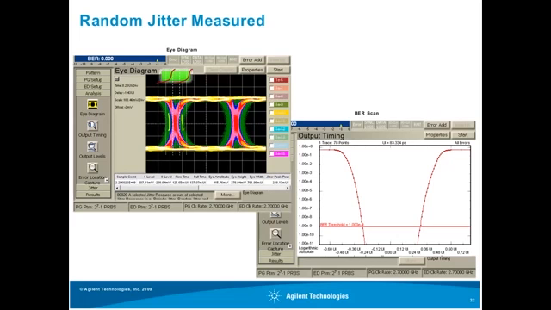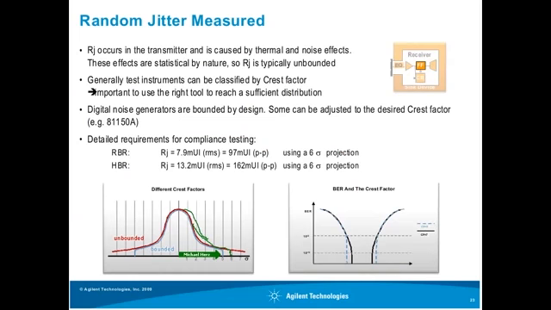That's maybe why it's so important to have the right random jitter, as it is called out by the standard for receiver testing. I'm not sure that I covered everything of the question, but I hope this explains why the crest factor is really important. The crest factor is really of your noise source.